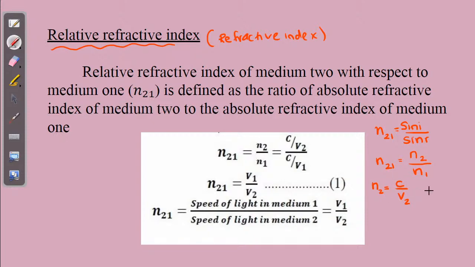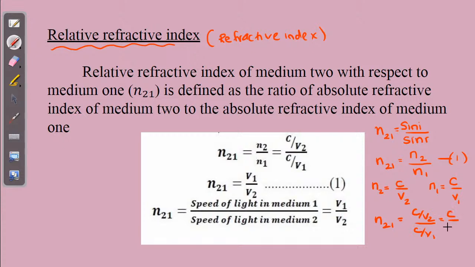Similarly, the refractive index of the first medium is the velocity of light in vacuum or air divided by the velocity of light in the first medium. Now if I substitute these two expressions in equation 1, what will I get? I will get n21 is equal to, what is n2? That is c by v2 divided by c by v1.